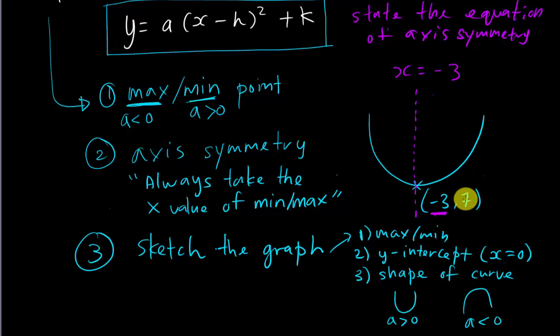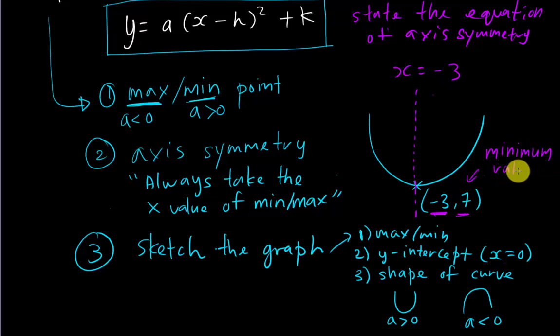Before I go a bit further, I also want to mention the minimum point, because they have a specific name for it. Let's say this is a minimum or maximum point, it doesn't matter. If minimum, for the y values, the 7 here, they will call it the minimum value.